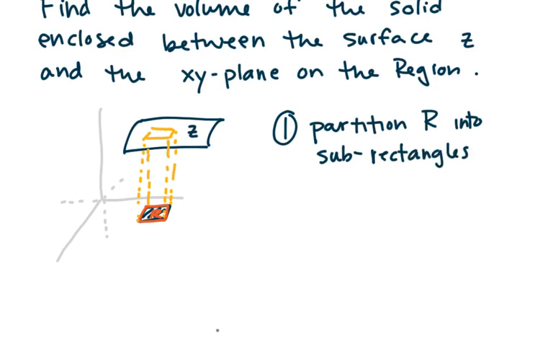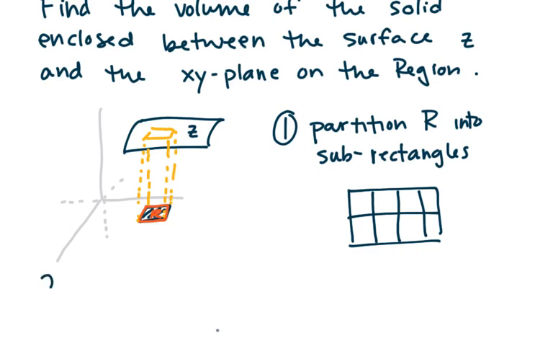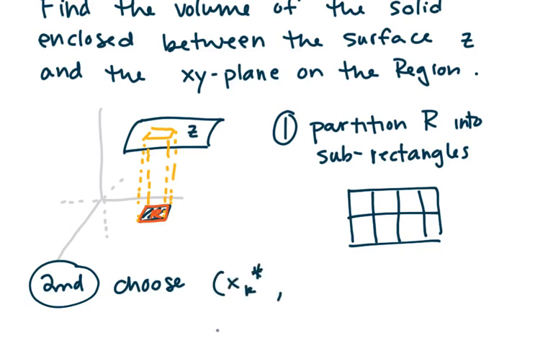So what that means is if this was my whole R, this is all of R here, I'm going to take it and maybe divide it into 8 equal sized rectangles. So the second step would be, well, we need to choose a point. I'm going to call that X sub K star and Y sub K star on each rectangle.